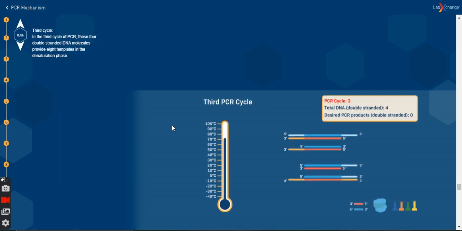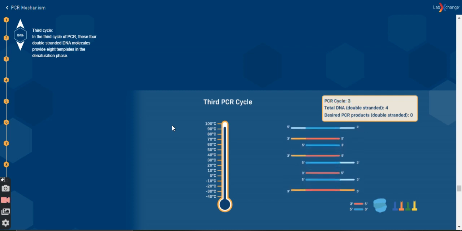In the third cycle of PCR, these 4 double-stranded DNA molecules provide 8 templates in the denaturation phase. The temperature is reduced to 60 degrees Celsius and the primers anneal to the 8 templates. The temperature is raised to 72 degrees Celsius and Taq polymerase extends the annealed primers along the templates.